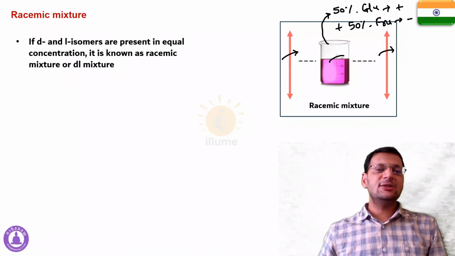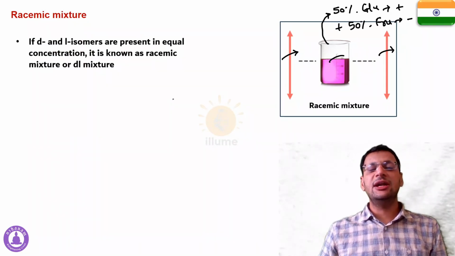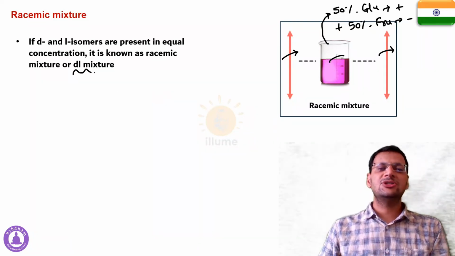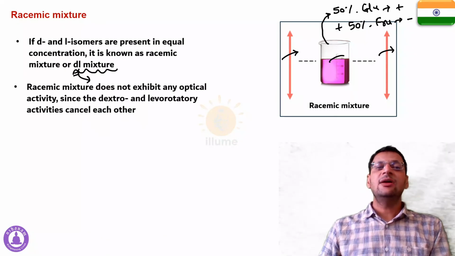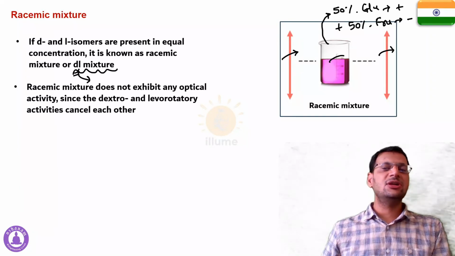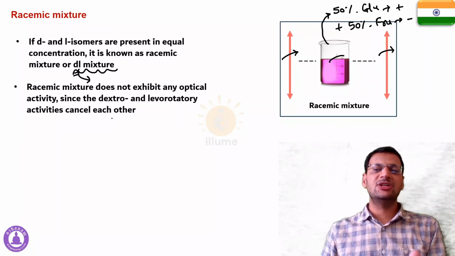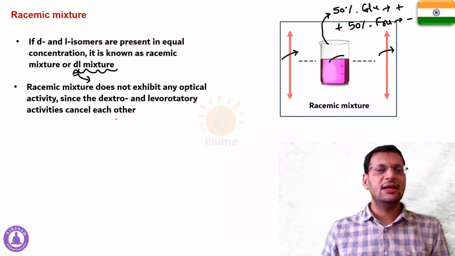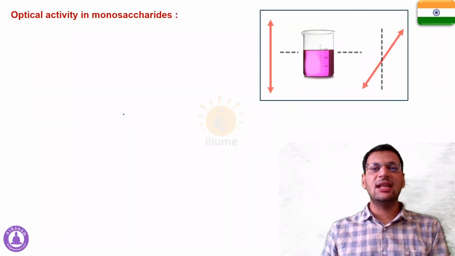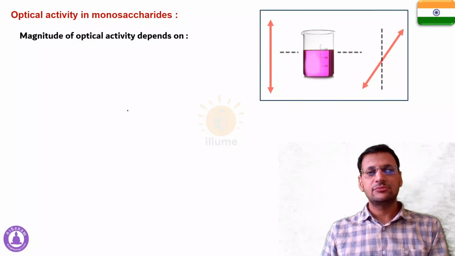If D and L isomers are present in equal concentration, it is known as a racemic mixture or a small d small l mixture. Whenever plane polarized light is passed through this racemic mixture, there will not be any deviation in the plane of oscillation of that light, because dextrorotatory and levorotatory activities cancel out each other.